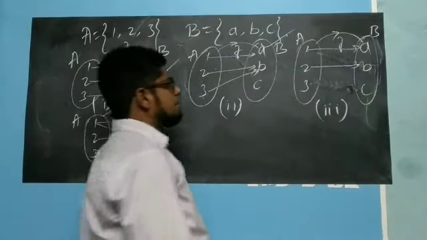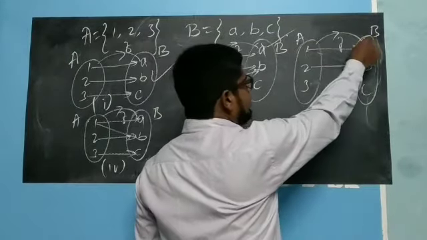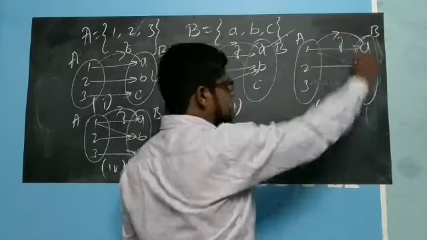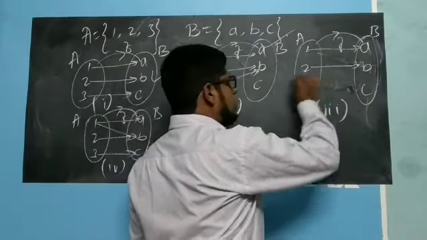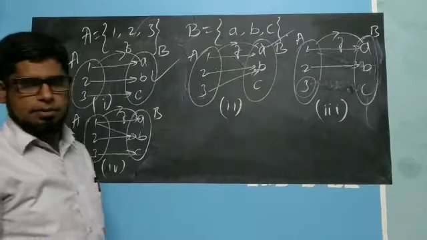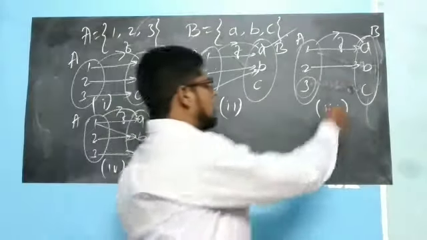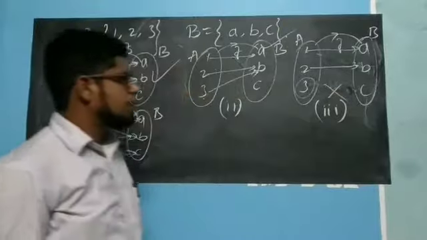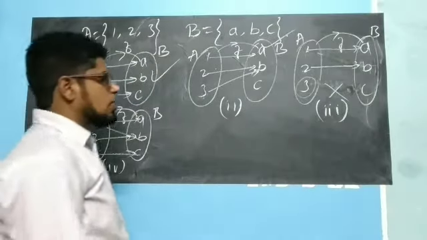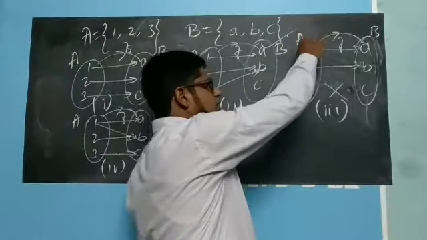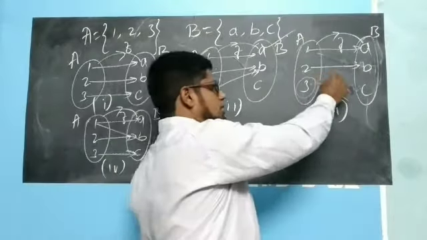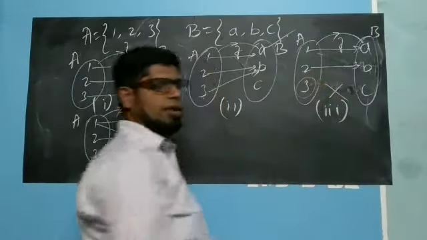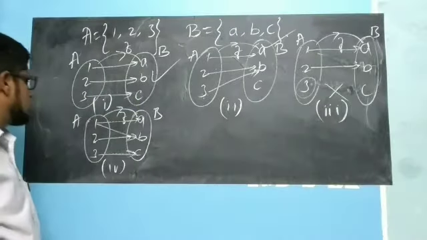Now here 1 is related to A, 2 is related to B, but 3 is not related to any element of set B. So this is not a function, because the definition says each and every element of set A must have an image, but here 3 doesn't have any image.